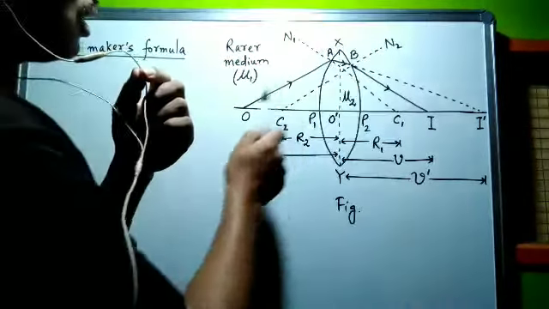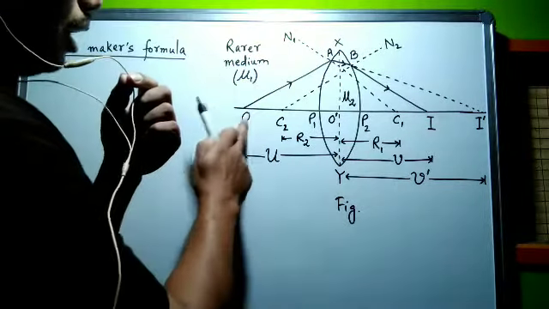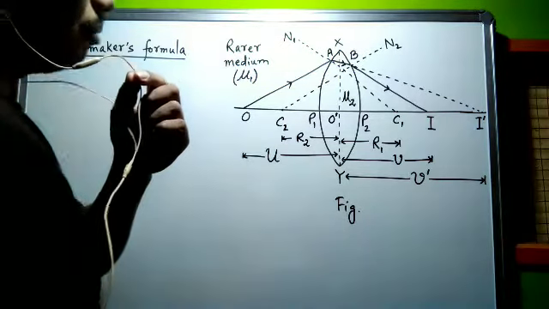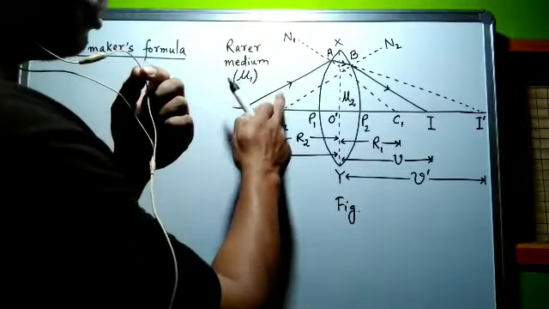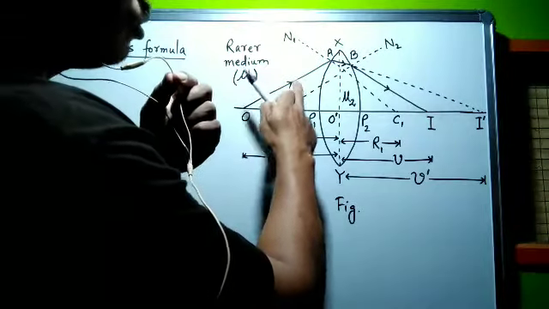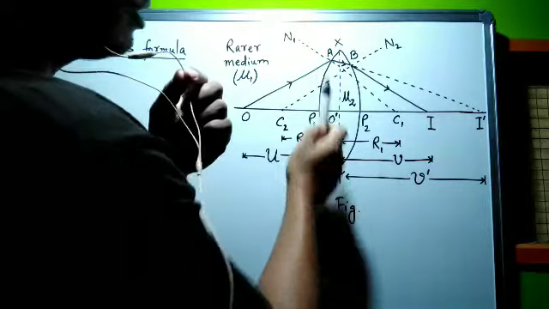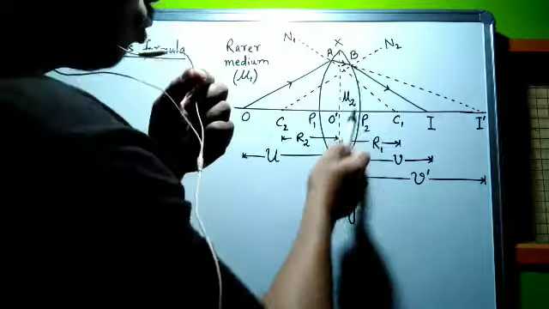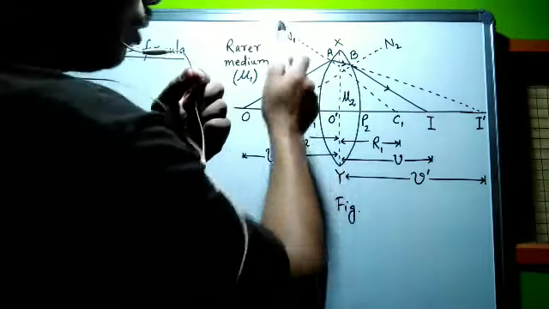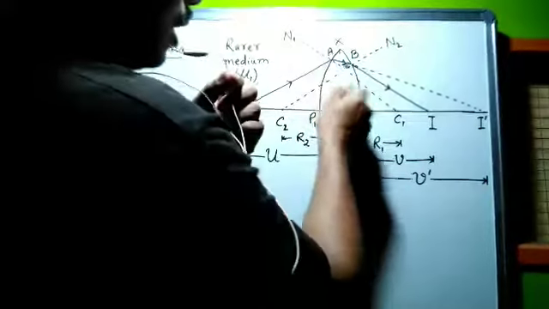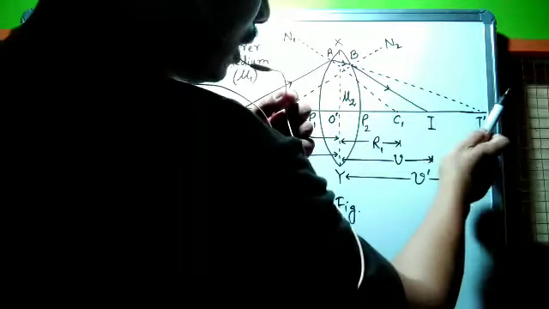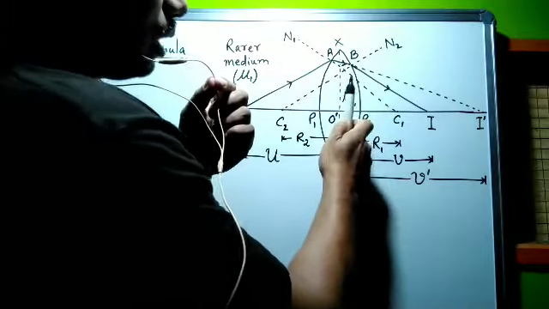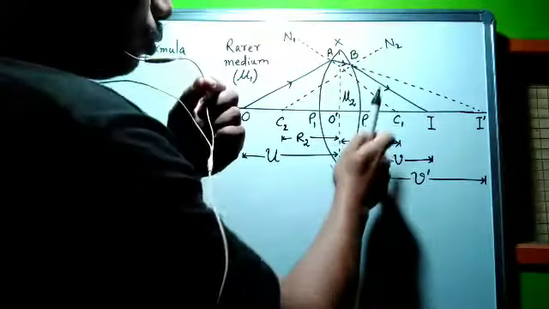The lens is kept in a rarer medium and the point object is placed on the principal axis in the rarer medium. So light is traveling from the rarer medium to the denser medium, and hence after refraction the refracted light ray AB bends towards the normal C1N1, and this refracted ray would meet the principal axis at I1 if there were no second spherical refracting surface XP2Y.